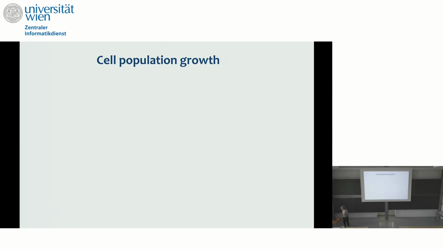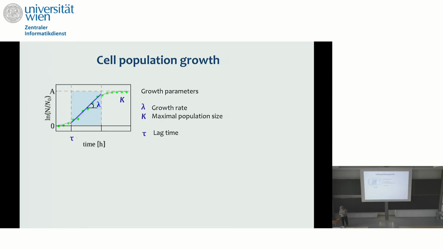So what can we learn about the cell population growth? The coarse-grained parameters that I can take out from these growth curves, first of all, is the growth rate. In the intermediate range where the growth is exponential, I can extract the growth rate. Then I can extract a capacity, or a maximal population size in the droplet. And then there's the lag time over here, and that's maybe the most interesting parameter.